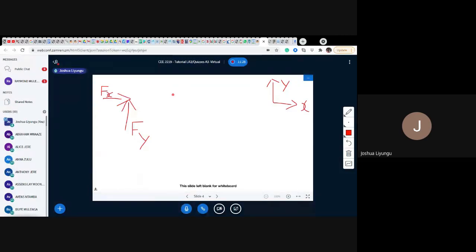If it is free to rotate, the only reactions you are going to have are the force Fx and the force Fy. But if that member is being restrained from rotating, then you also need a moment to restrain the rotation.